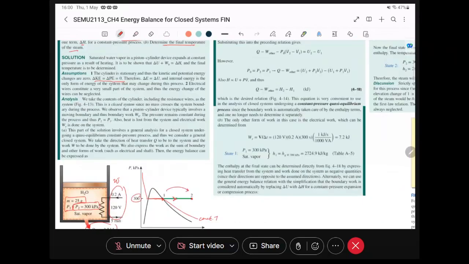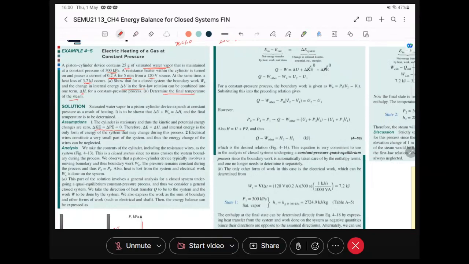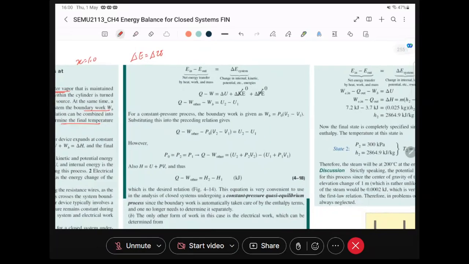So first, let's prove that the boundary work and the change in the internal energy can be combined into a term, delta H. Okay, so let's look at the solution here. So the change in the system equal to energy in minus energy out.